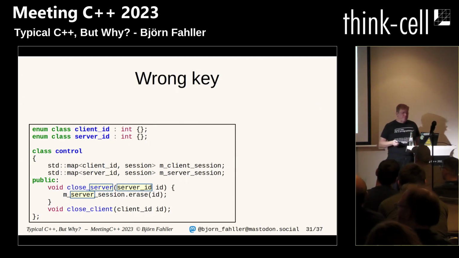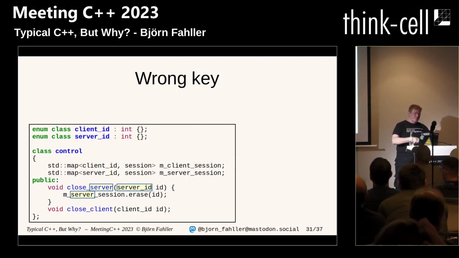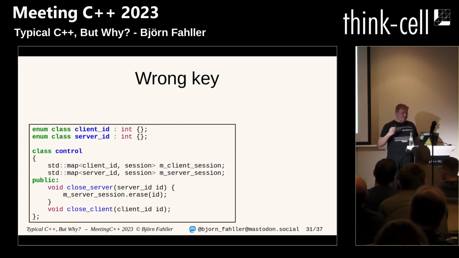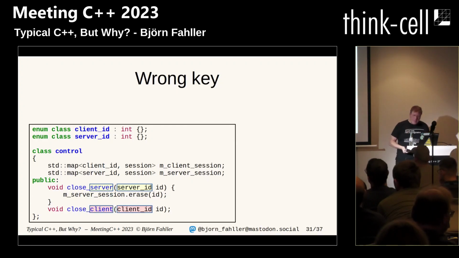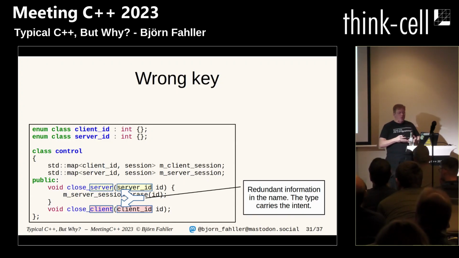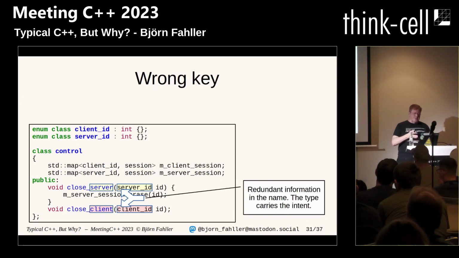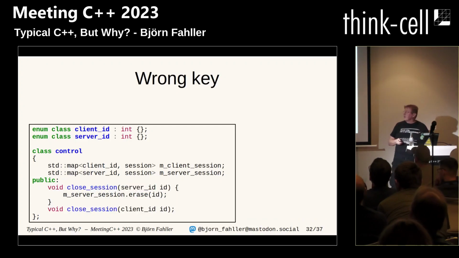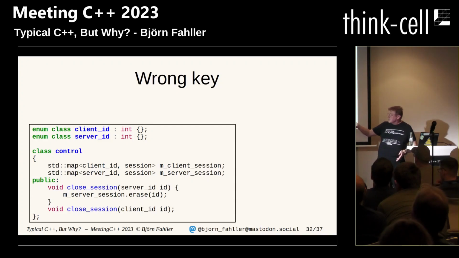This is a little bit verbose though. Closed server, server ID, server session, etc. We can actually reduce this now if we want to. We don't really need to refer to the server or the client in the names of the functions because the types carry the information. So if we want to, we can do overloads like this: closed session with a server ID, a closed session with a client ID.